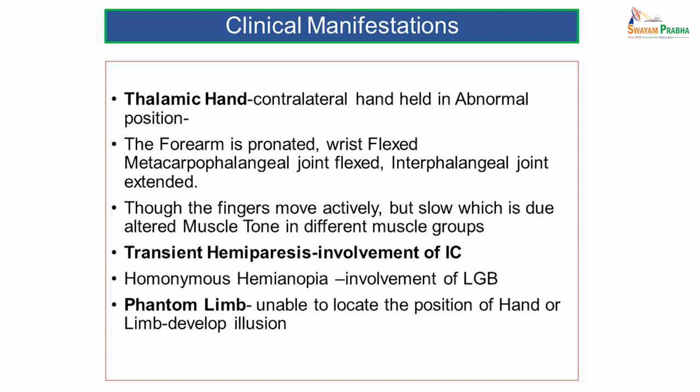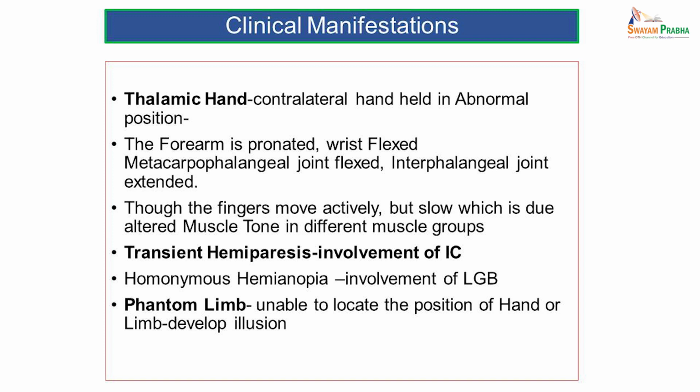Then there is a condition called the thalamic hand. Here, the contralateral hand is held in an abnormal position. The forearm is pronated, the wrist is flexed, the metacarpophalangeal joint is flexed, and the interphalangeal joint is extended. The fingers can be moved actively but slowly, due to the altered muscle tone in different groups of muscles.